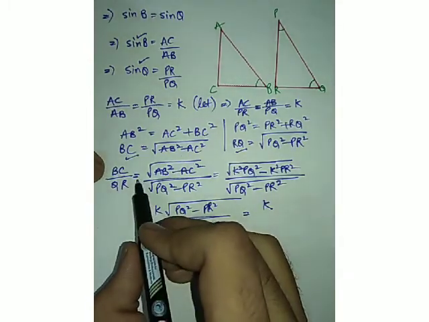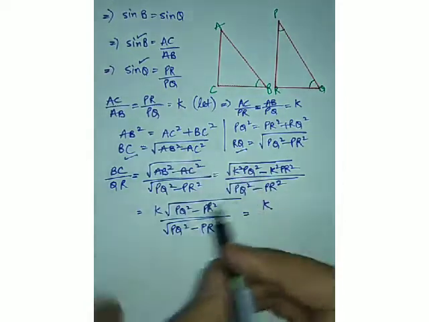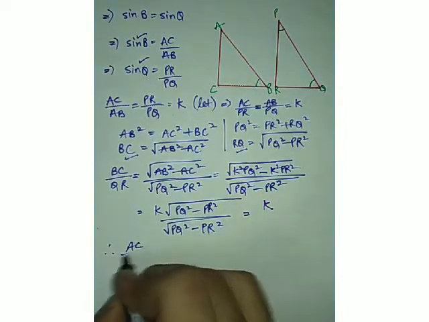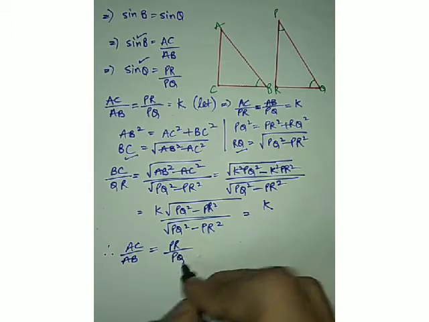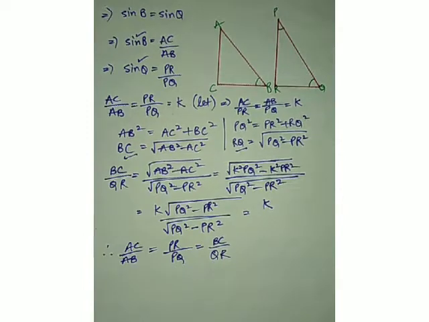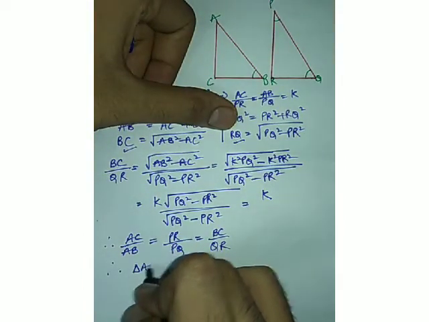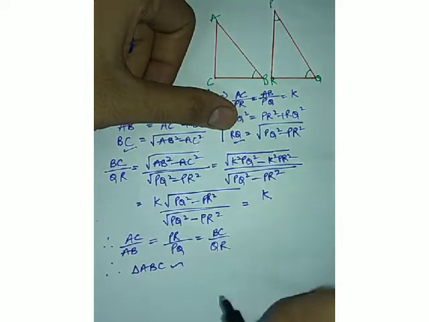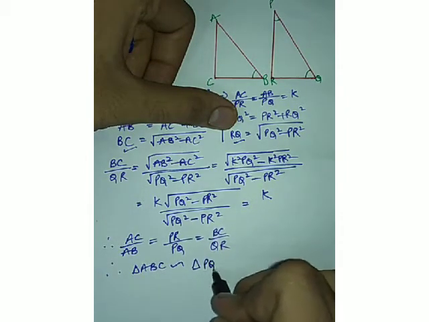That's why BC upon QR is also equal to K, which is further equal to PR upon PQ, AC upon AB. Therefore AC upon AB is equal to PR upon PQ is equal to BC upon QR, which means triangle ABC is similar to triangle PQR.